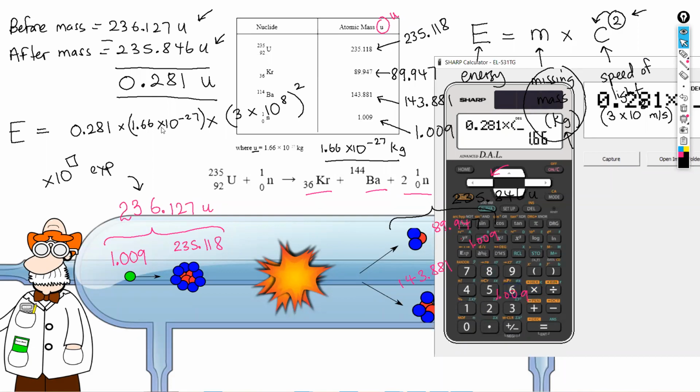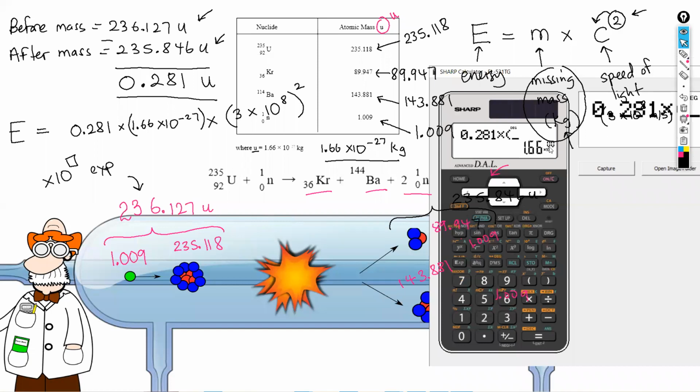Now I'm not going to press multiply by 10 to the power minus 27. I'm going to press EXP. When I press the EXP button, you'll notice a multiply by 10 comes up automatically. Now I just have to type in the minus 27, but it's not this minus sign, it's this minus sign, the plus or minus button. Minus 27, and I close my brackets.